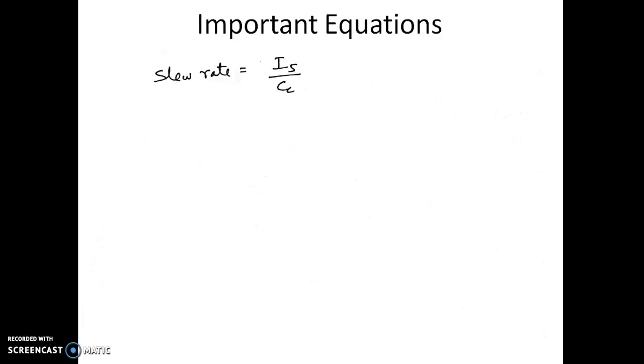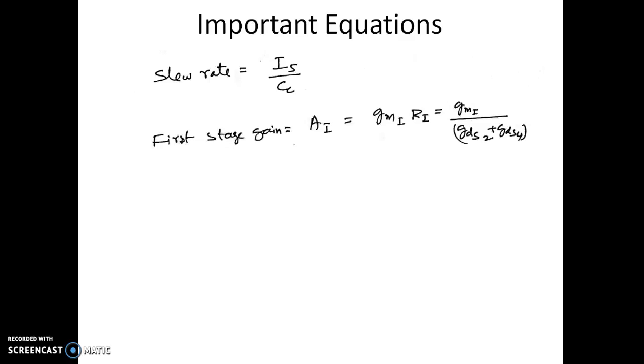And there are some other important equations. Slew rate is given by I5 by Cc. It is the rate at which the output changes. And we know that the gain of the first stage is given by Gm into R1, where R1 is R01 parallel with R02. It can be expressed in terms of the drain-source conductance, so R1 can be written as 1 over GDS2 plus GDS4.